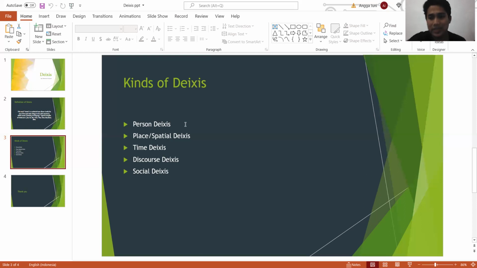Another one is discourse deixis. Discourse deixis is deixis that we use in a context, such as so, that, so actually, or in order to, and other words of that kind that we use to refer to something, the thing that we talked about a minute ago.